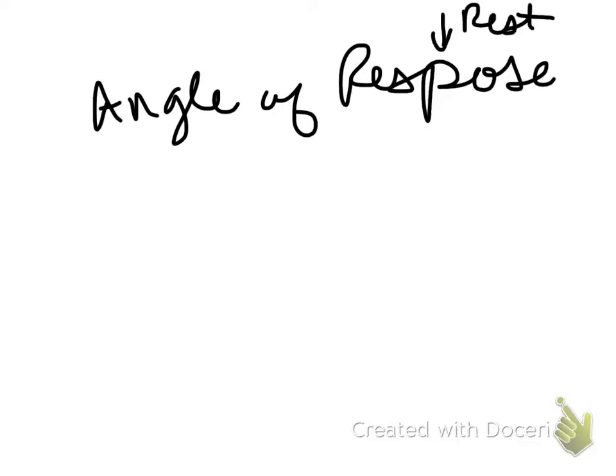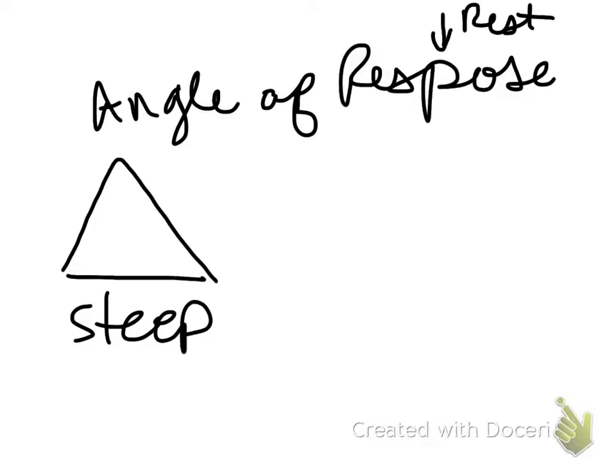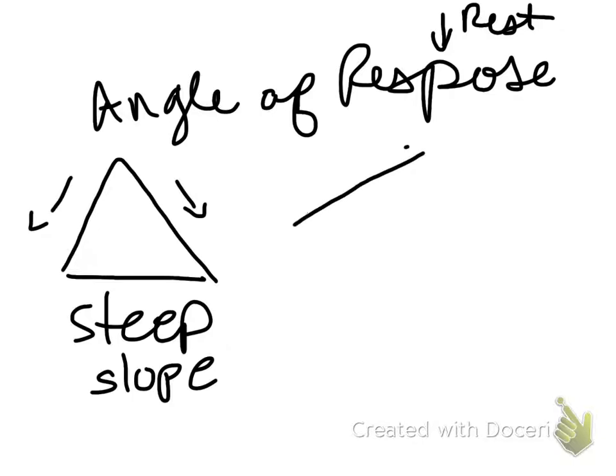So when will my material rest? Is it going to be able to withstand me putting it at a really sharp or steep slope? Or is it going to be moving? Is it too steep? Is it going to move and want to be at a more gradual slope?